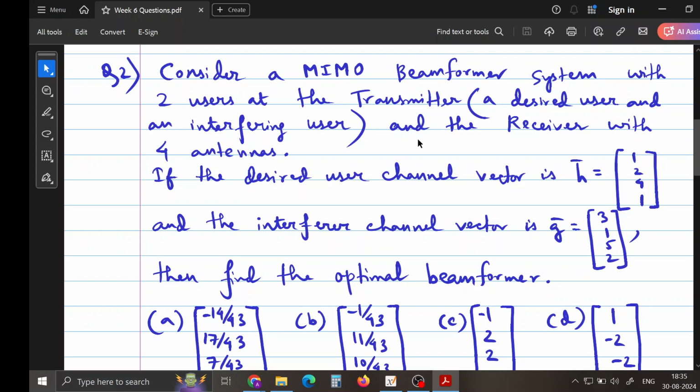There is also something called SNR, where we are not considering any interference, but we can have noise as well as interference. So they are two different things.